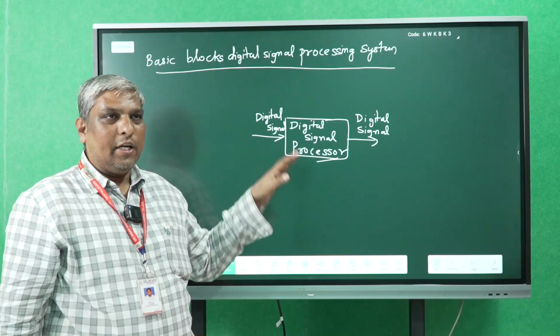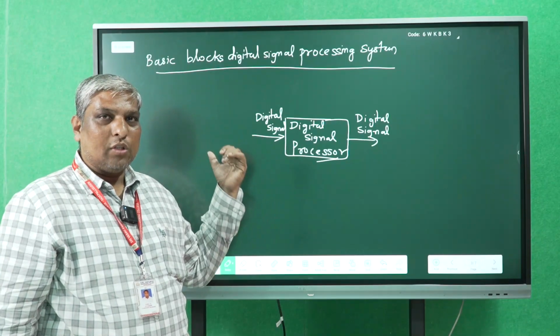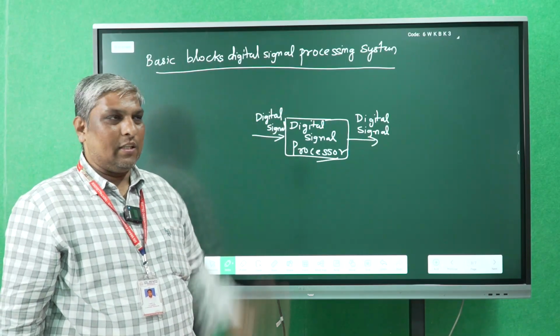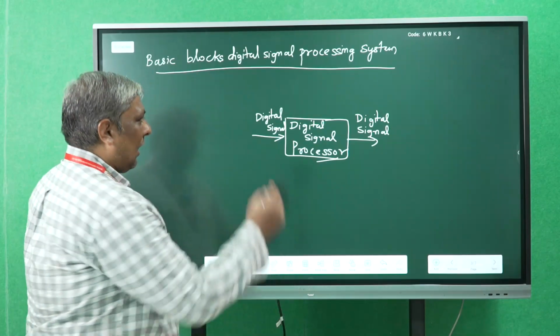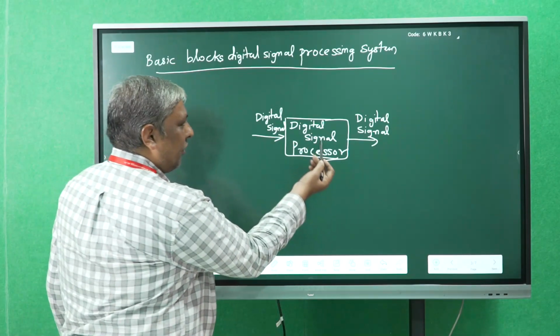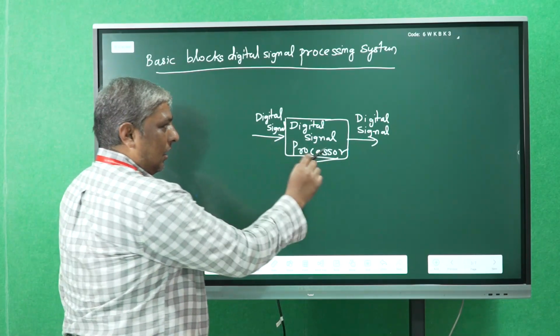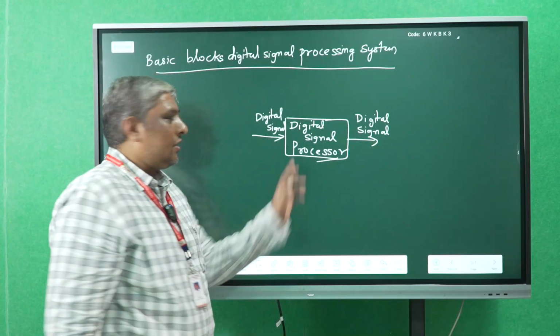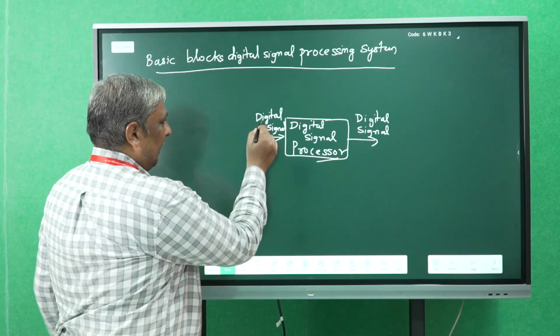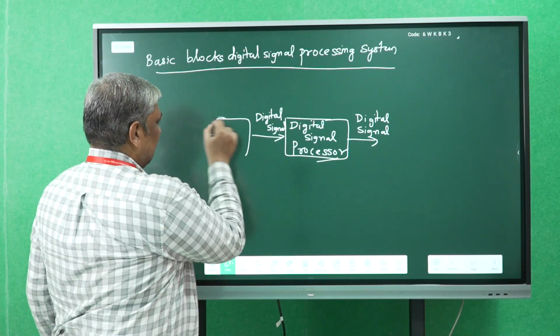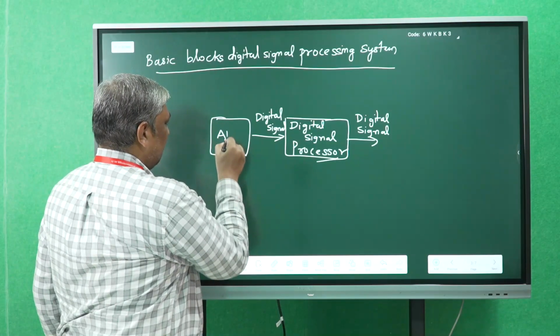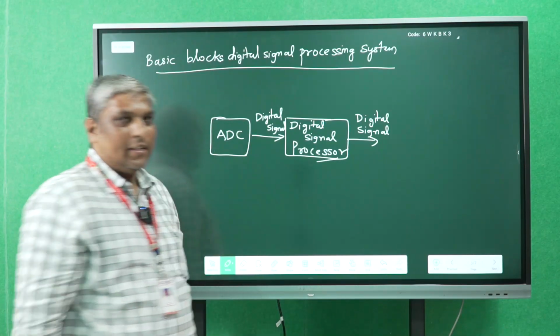So there is a need to convert those analog signals into digital signals. For that purpose, I am adding an extra block before the digital signal processor and after the digital signal processor. So I am interested to introduce the term ADC.